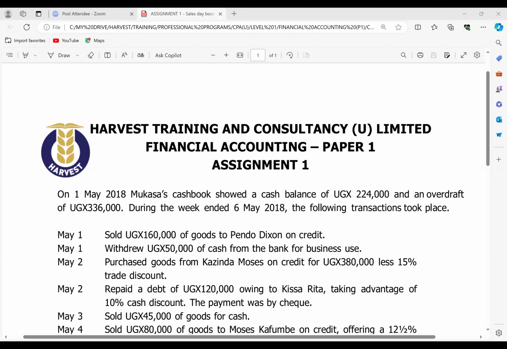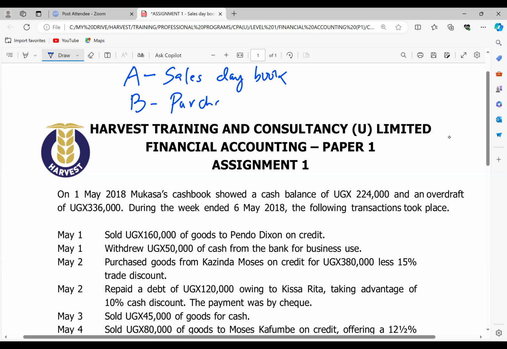So what we shall do, we shall split our answers into 3. I'll say A is the sales day book. Then B is the purchases day book. Then C is the cash book. So for each transaction, you either tell me the answer is A, B, or C.